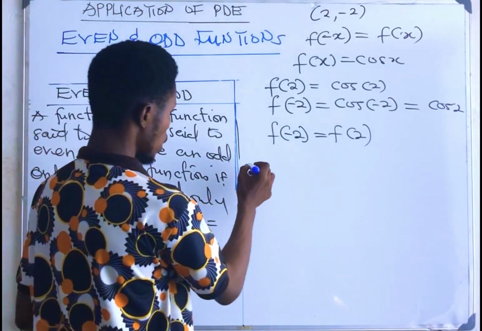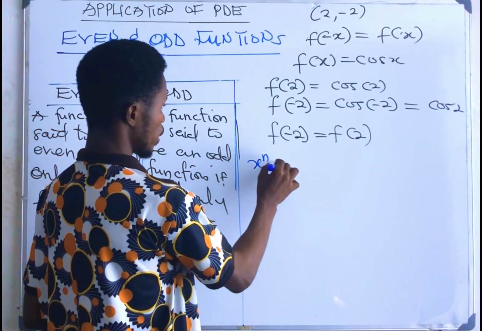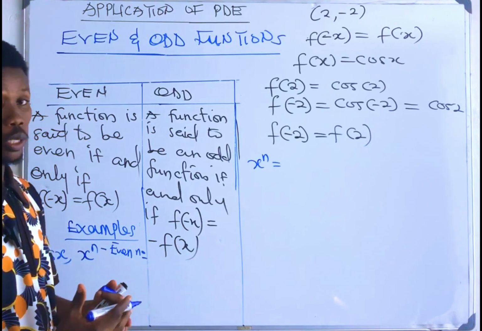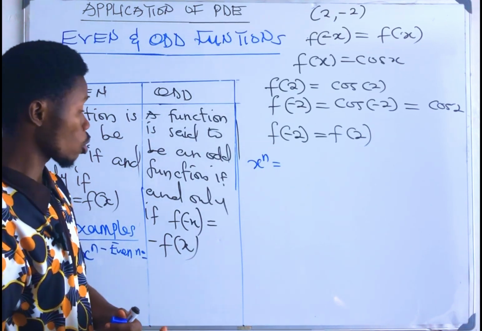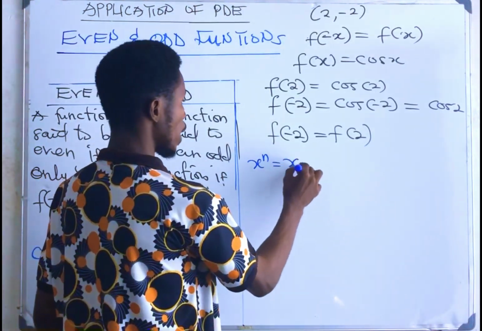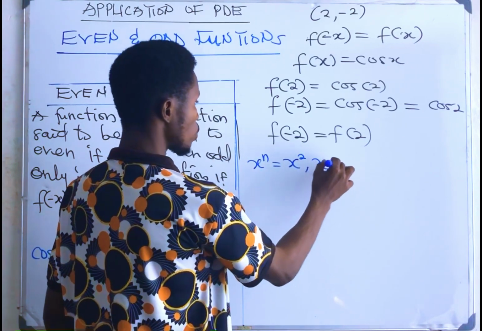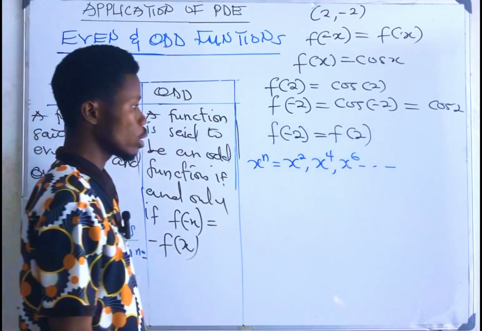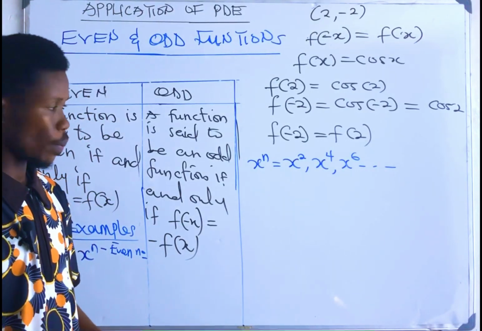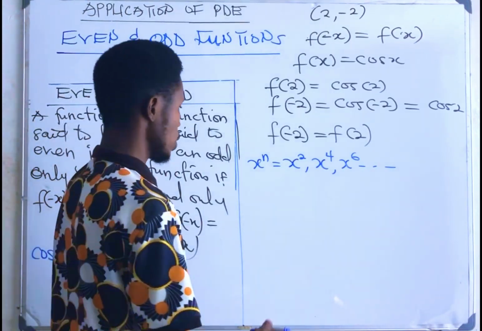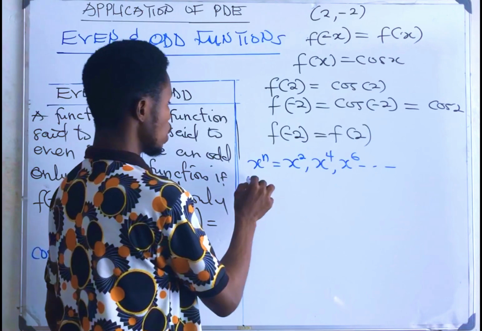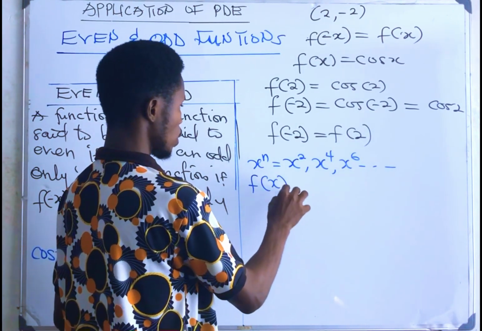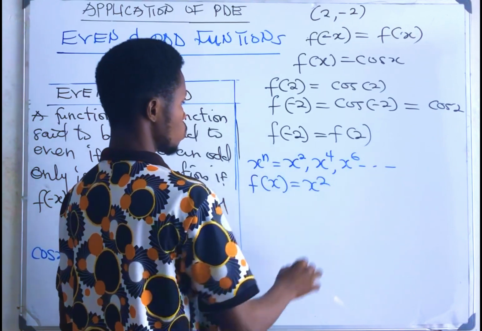So we are saying that x to the power n, when n is even, is an even function. That means x to the power 2, x to the power 4, x to the power 6, going on, so we can get x to the power 8 and so on. So let's test and see. Let's say f at x is equal to x to the power 2.